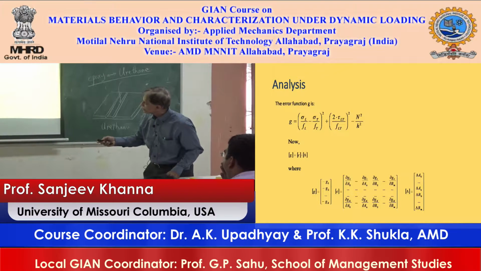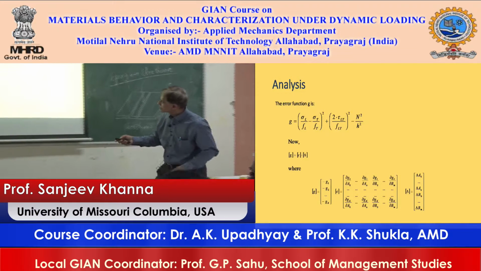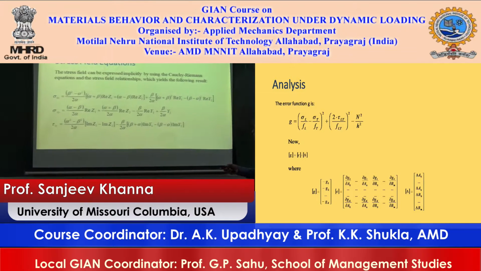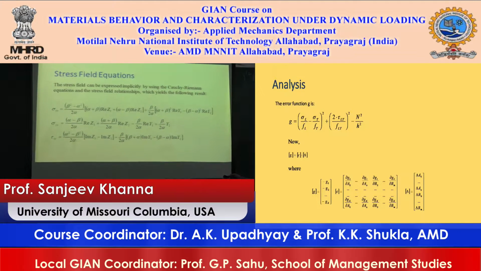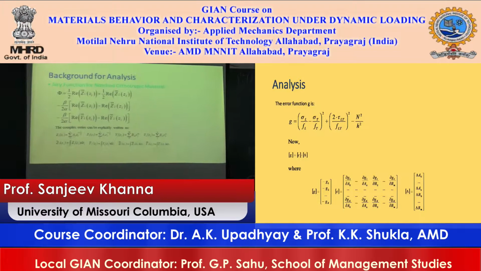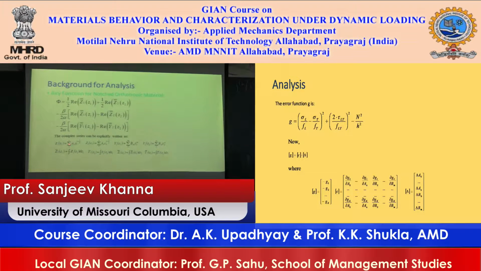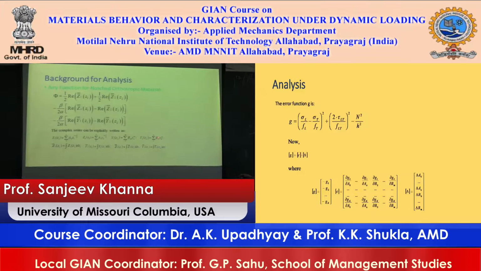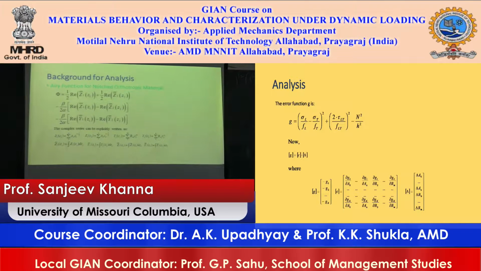So there were all these constants in that. Where is my stress field here? Oh, here. So I have these coefficients A, B, B1, B2, A1, A2, and so on. Okay.